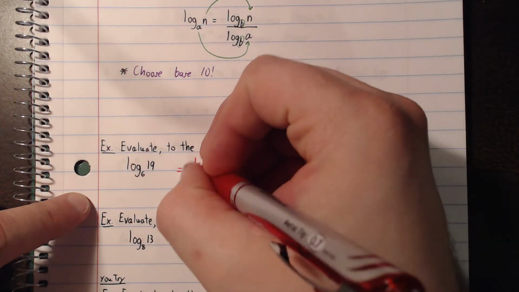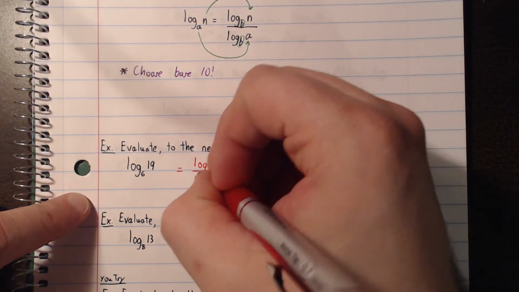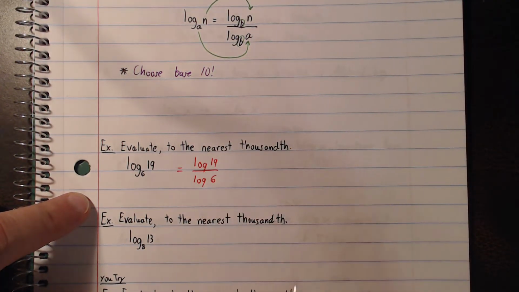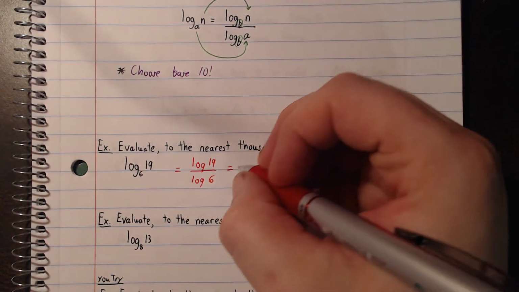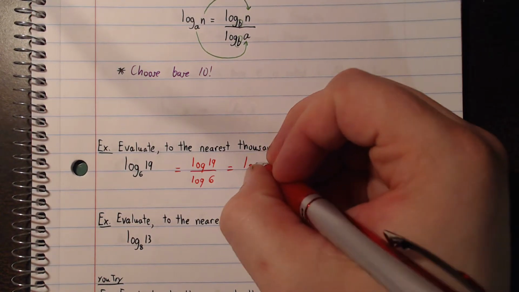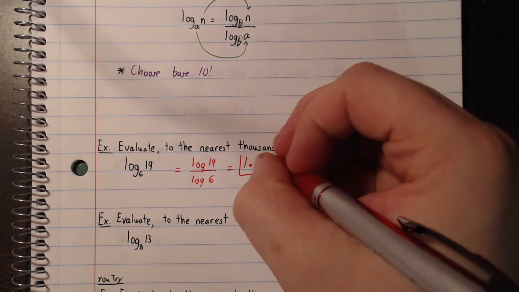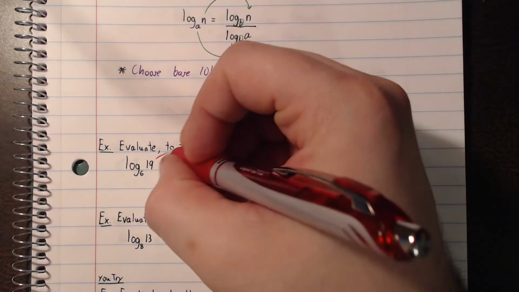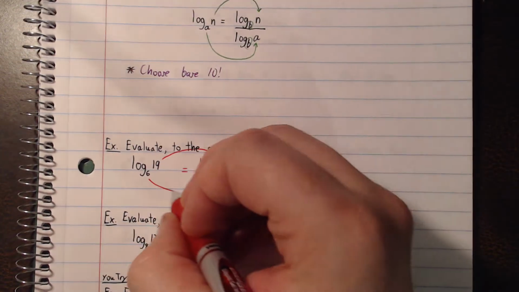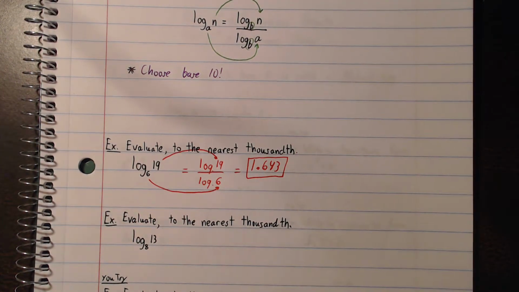So I'm going to rewrite this as log of 19 over log 6. And I can now type that into a calculator, and the gremlins do their work, and they tell us 1.643. Okay, so notice this stayed on top, this went to the bottom. I chose 10 for my base.